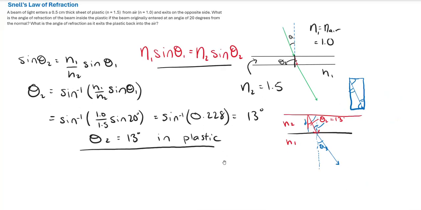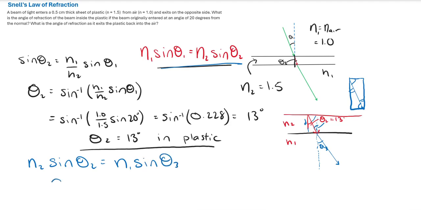So now we can just go back and use Snell's law again to find our new angle. So this time we have N2 as our first material times the sine of theta 2, which is our 13 degrees, is going to equal N1, since we're going from N2 to N1, times the sine of what we're calling theta 3.